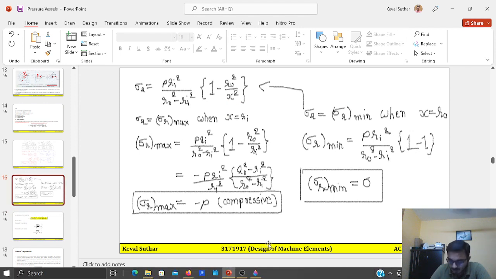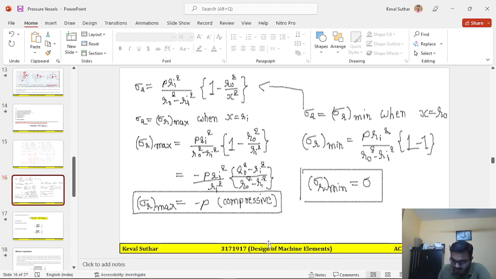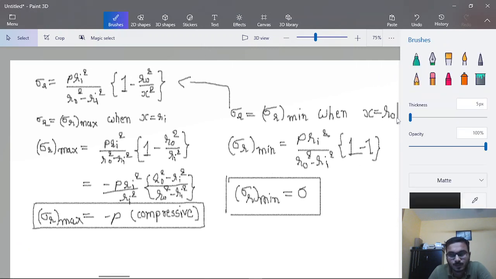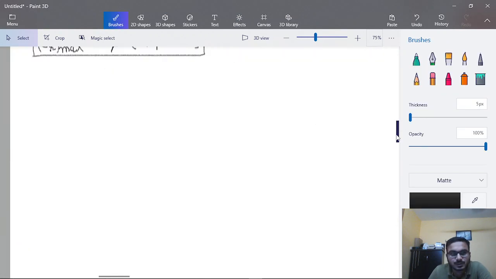So now we will move forward with the thickness. First of all, we will evaluate the thickness of this thick cylinder for the brittle materials.